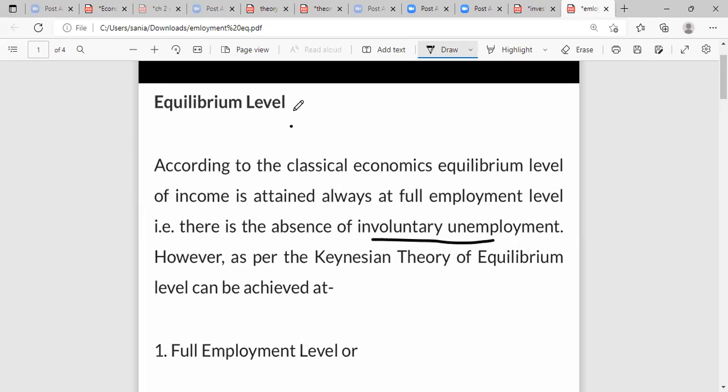Yes, no? Yes. Okay, so you will write equilibrium level in context of employment. Write first this, and just write till here.